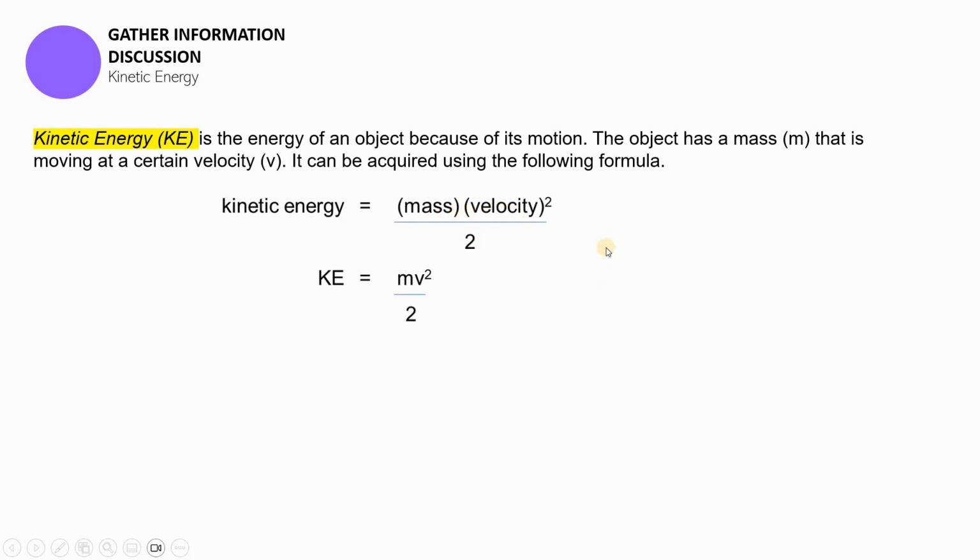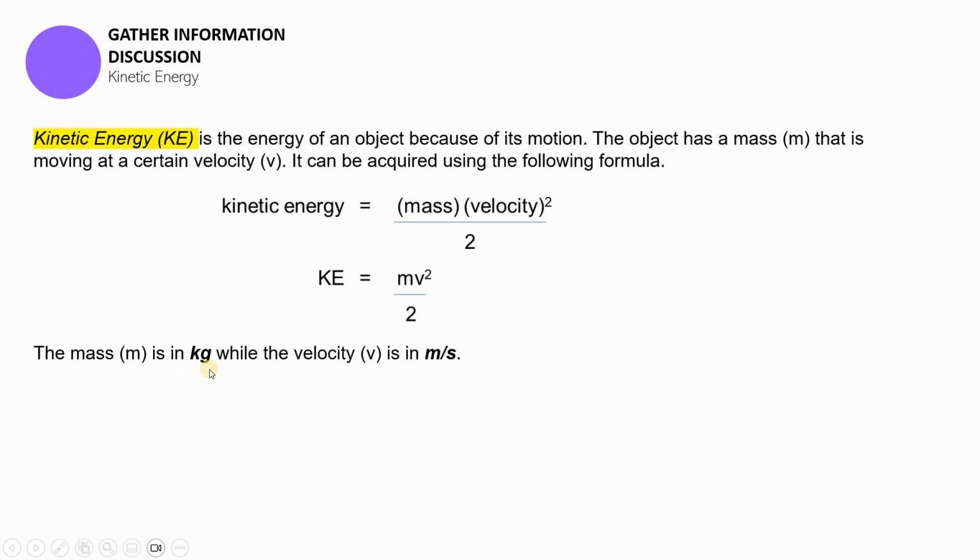If we remember from our previous sessions, the momentum is the product of mass and velocity alone. But in kinetic energy, you're going to square the velocity before multiplying it by the mass, and then divide the product by 2.